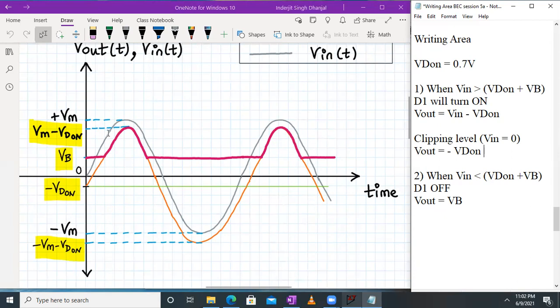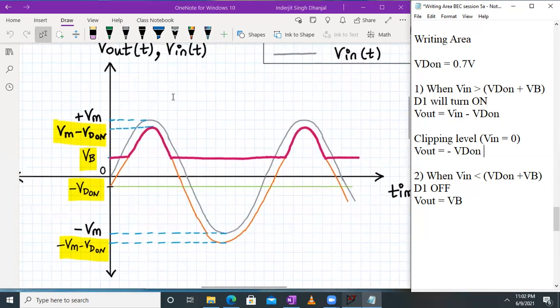So this is my input over here. If it is less than VD on plus VB level, during that time my diode will be off and my output will be equal to VB. So instead of 0, here it is VB.